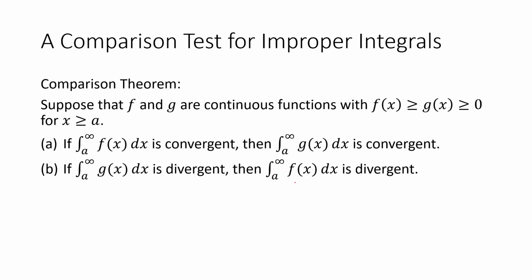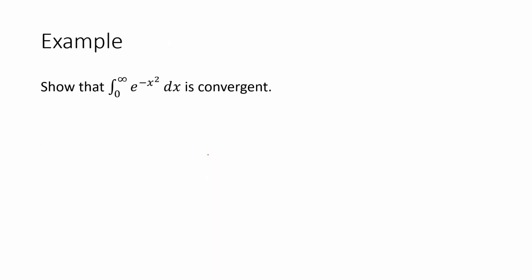So again, here you can think of this as saying that the area under the g of x graph is an infinite area, and since the area under the f of x graph is bigger than the g of x graph, then its area must be bigger than the other graph, so it's also infinity. So it's important to think about whether we're trying to show convergence or divergence when we're doing this comparison. But let's just demonstrate with some examples.